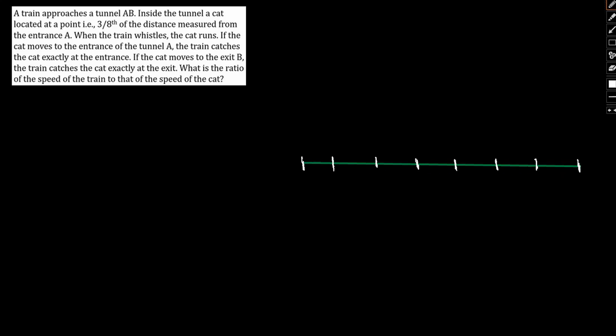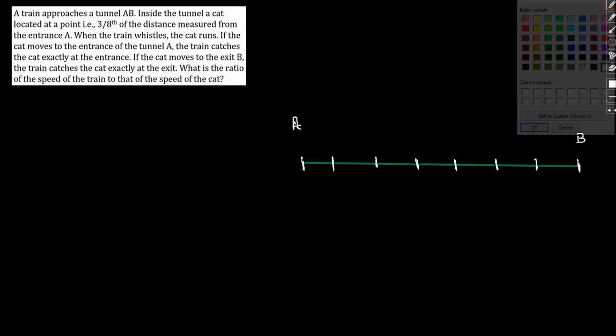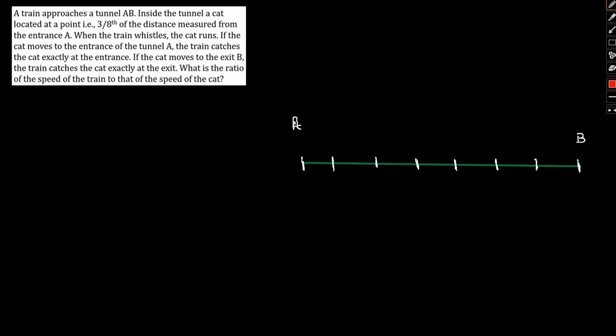This is point A and this is point B. The initial condition is that the cat is at 3/8 of the distance measured from entrance A. So 3/8, 1, 2, 3, the cat is over here.